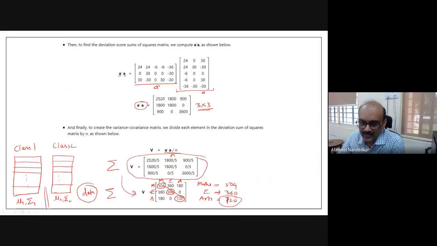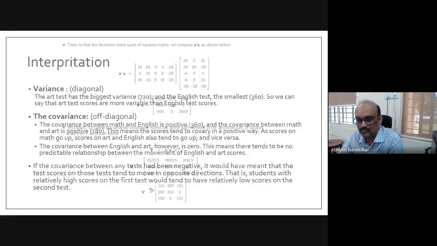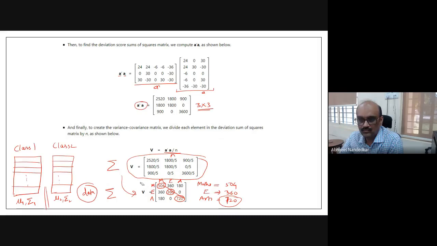Now, what is the relation between, say, English and, say, maths? The relation between maths and English is 360, or English to maths is 360. Since this matrix is symmetric, these two numbers are same. You will see that this entry 180 is repeated here. And 0 is here, 0 is here.